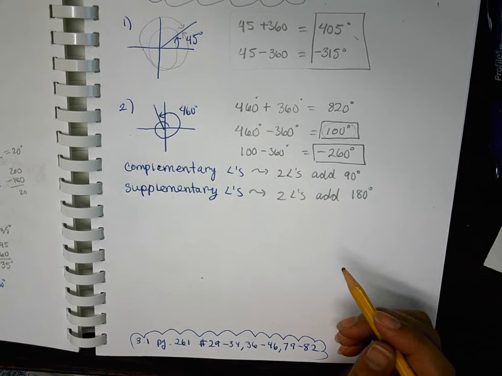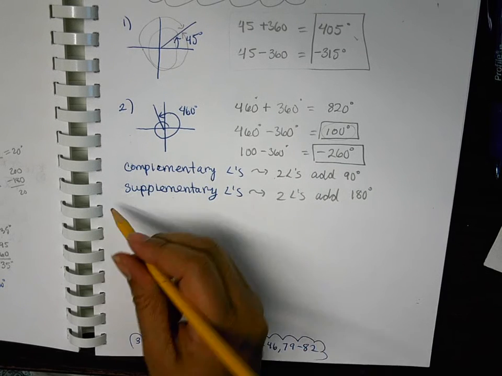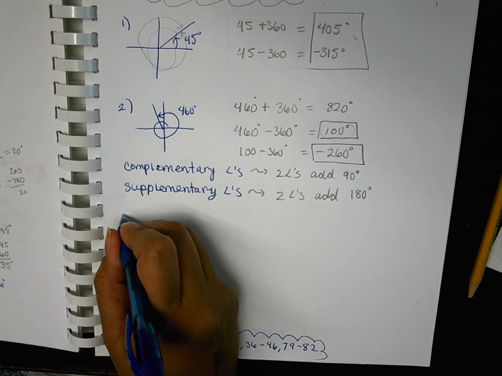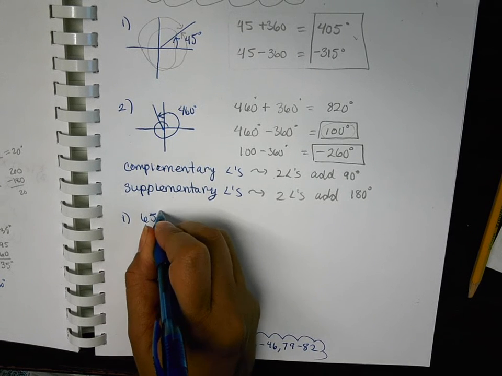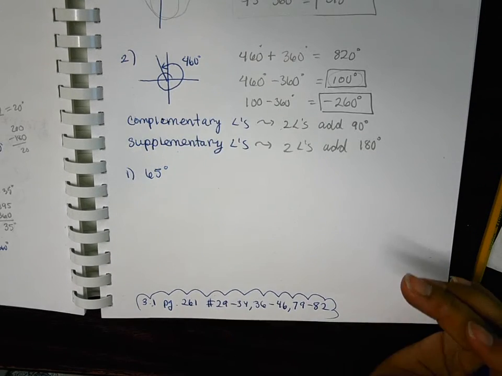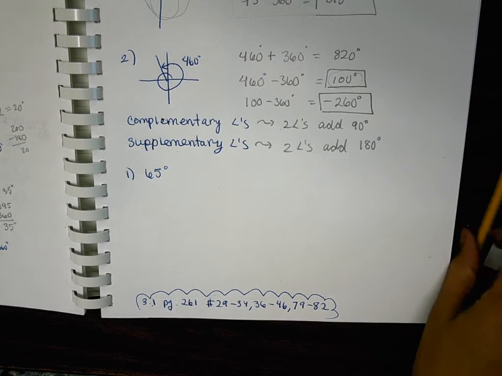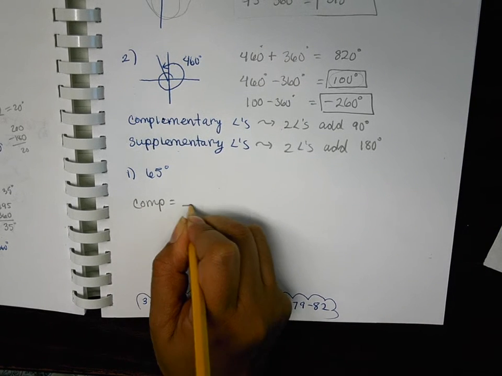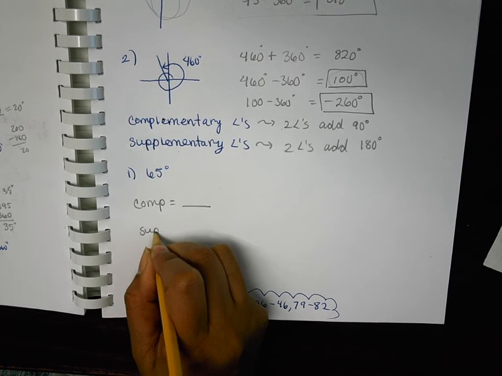I want you to find the complementary and supplementary angle to each one. I didn't write it down, but we're going to do it. We're going to find the complementary and the supplementary to 65 degrees. Complementary equals blank. Supplementary equals blank.